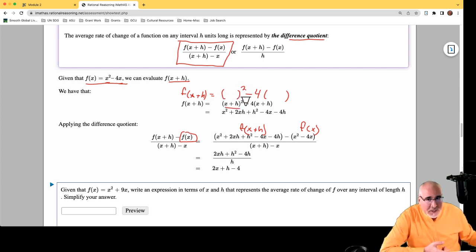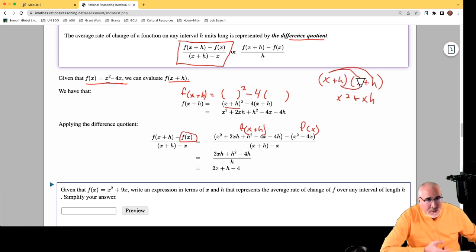Okay, now let's walk through the steps a little bit. You've got x plus h squared. You've actually got to FOIL this out. It's not just going to be x squared plus h squared. It's x plus h times x plus h. Then using FOIL, x times x is x squared. x times h is xh.